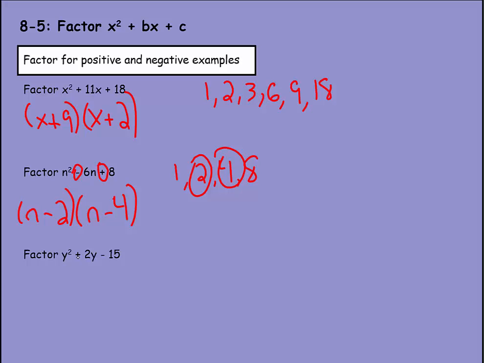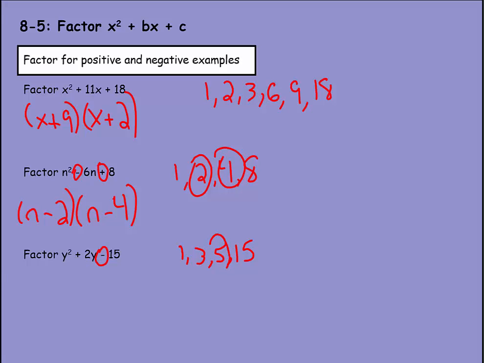Now I have y squared plus 2y minus 15. Whenever you see a negative product, that tells me it's got to be a positive and a negative added together, because if they were exactly the same, you would have a positive product. So as I list off the factors of 15, 1, 3, 5, and 15, I need to find a positive that would be 2 bigger than the negative.